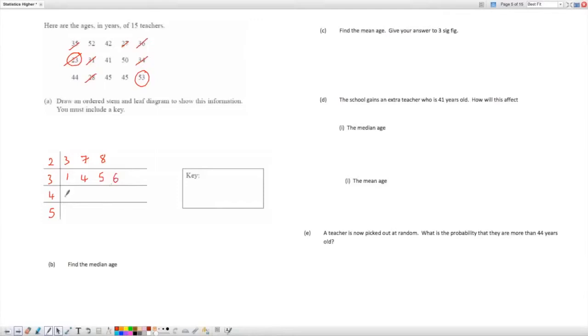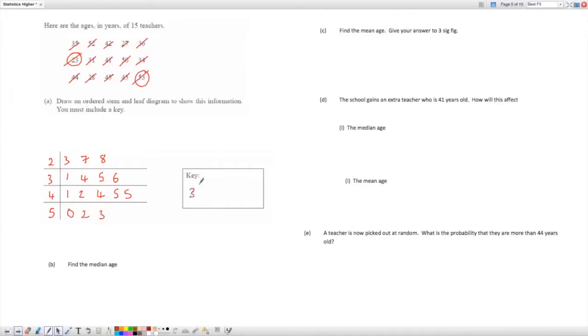No more 30s, now on to 40s. We have 41, 42, 44, 45 twice, so 2 5s here. Now our 3 remaining numbers, 50, 52, and lastly 53.